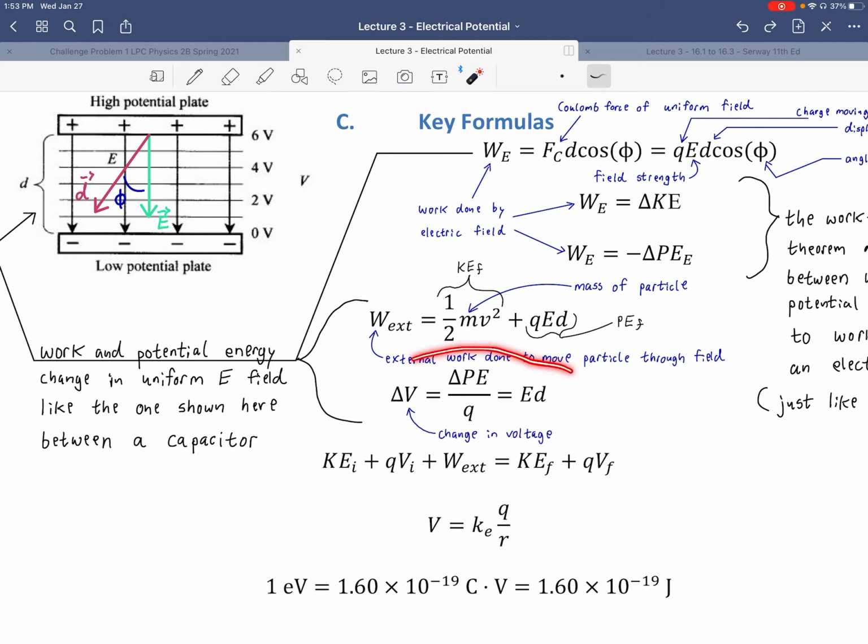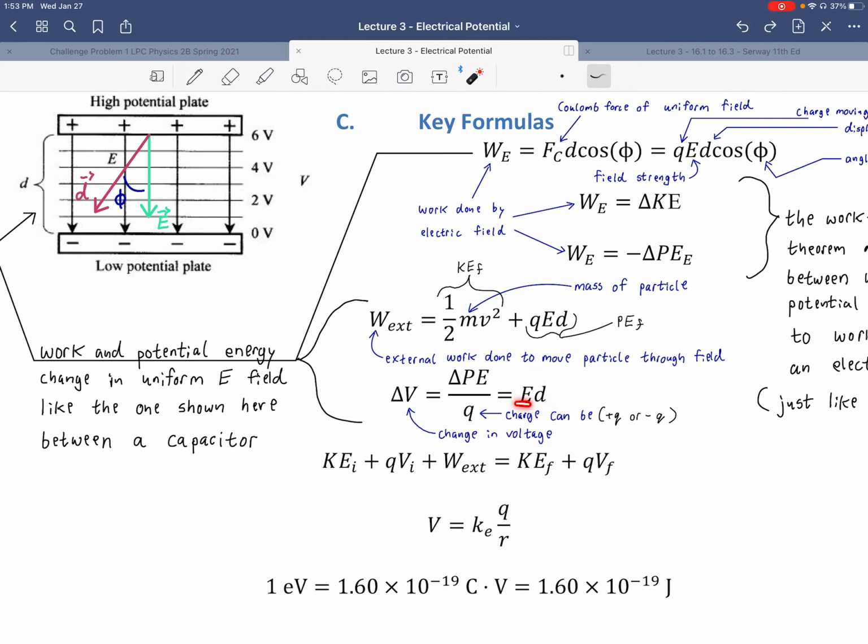This term here is change in voltage, V for voltage, also known as electrical potential. And by definition, the change in voltage is the change in the potential energy, specifically the electric potential energy, normalized, which is jargon for divided by charge, represented by the letter Q. And that means that change in voltage, since potential energy is QED, is just ED.